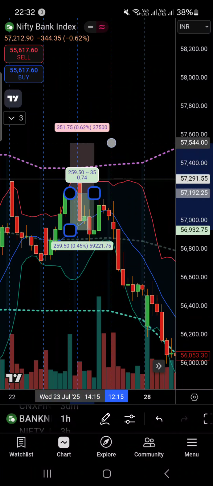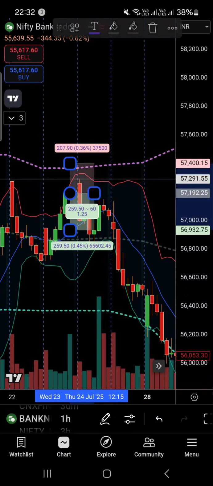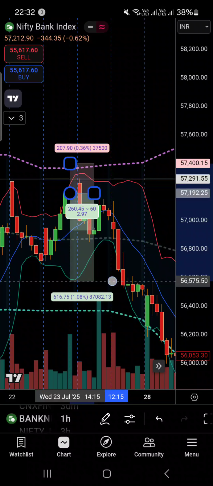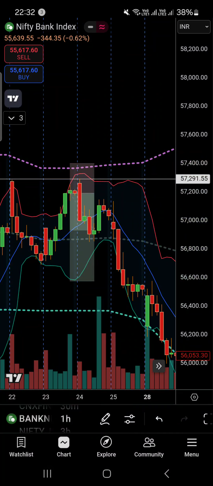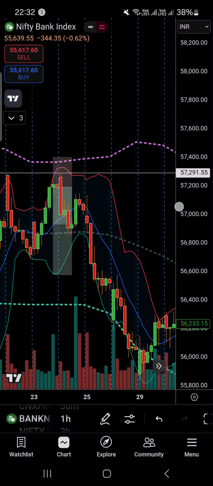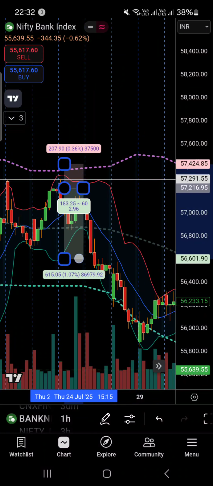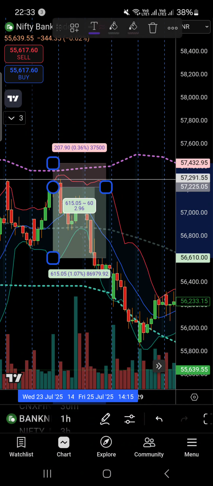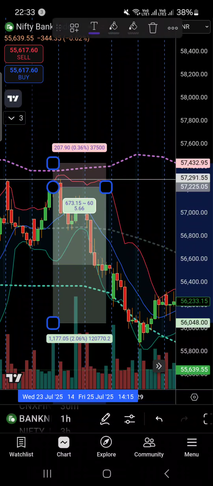This is your area and your stop loss is above this Bollinger Band. You are looking for 1:2. In this case you can see it even went beyond 1:2.